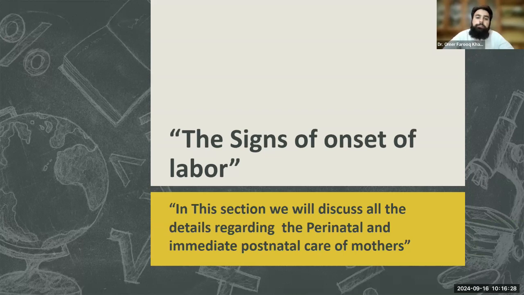The signs of onset of labor are very important and should be known by all the household ladies. The woman who is carrying a child in her womb as well as her family members should know the basic signs of onset of labor so that they know when to go to hospital. In this section, we will discuss all the details regarding the perinatal and immediate postnatal care of mothers.